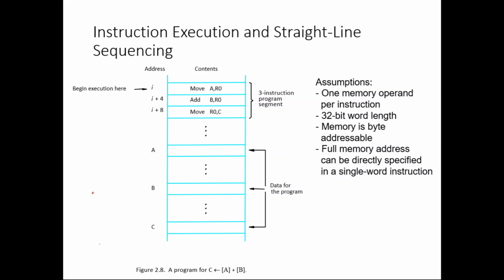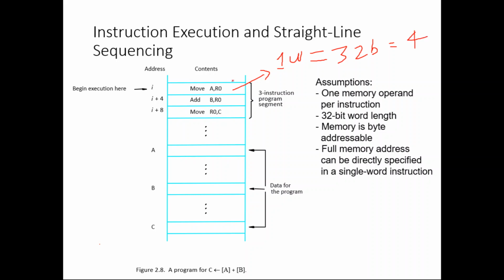So let us assume this is the structure of the memory. Let us assume that each location in the memory is of size one word, where one word is equal to 32 bits, which is nothing but 4 bytes.